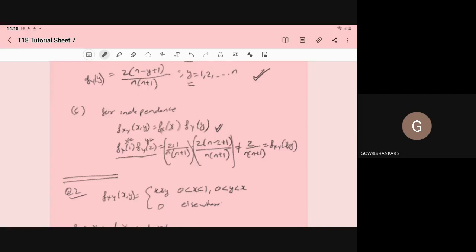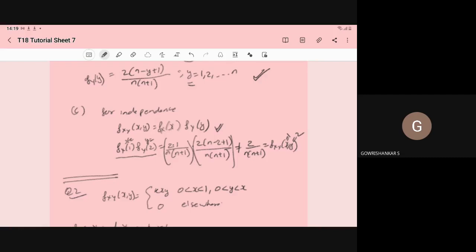So when we compute fx for x is equal to 1 and fy for y is equal to 2, you will get 2 into 1 upon n into (n plus 1) into 2 into (n minus 2 plus 1) upon n into (n plus 1). That is not equal to fxy for x is equal to 1 and y is equal to 2, because for x is equal to 1 and y is equal to 2 it is given as 2 into (n plus 1).